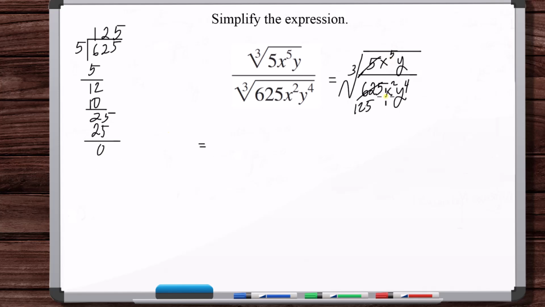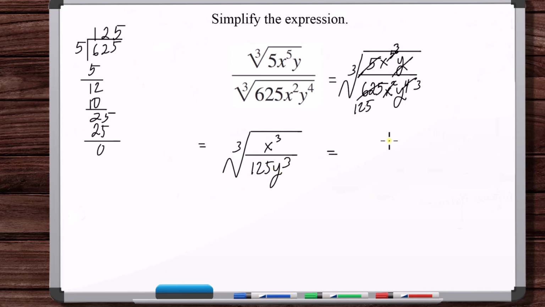Okay, so now we've got x cubed over 125y cubed.